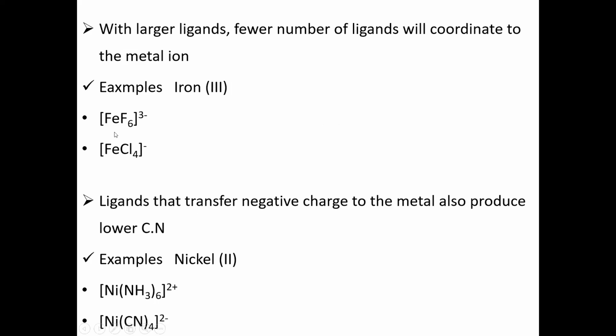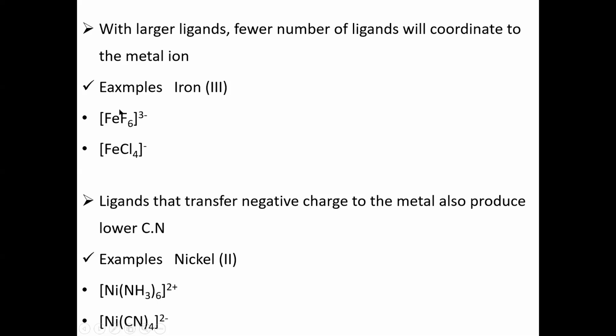For example, we have the fluoride and the chloride ligand. Both of them are bonded to iron, so both of them are iron 3. But now we see that the first one, the fluoride, is having 6, while your chloride is having 4.